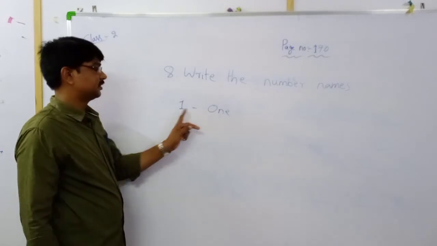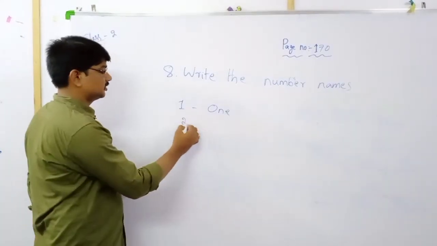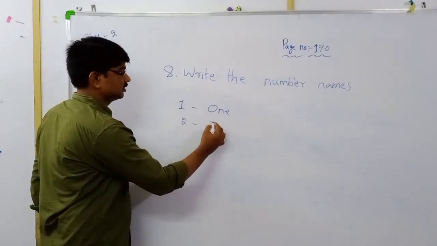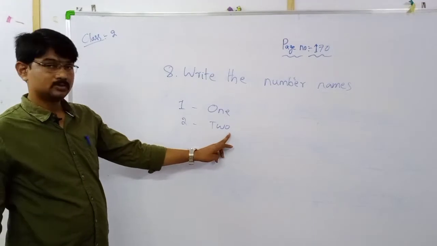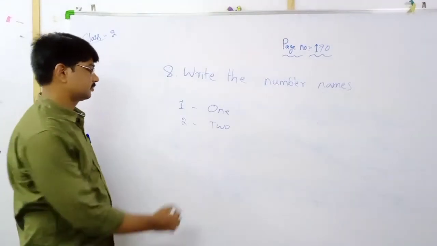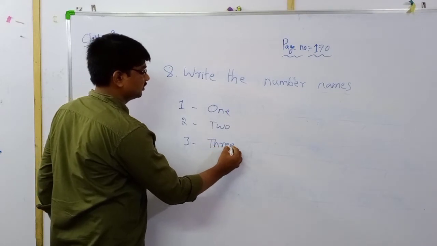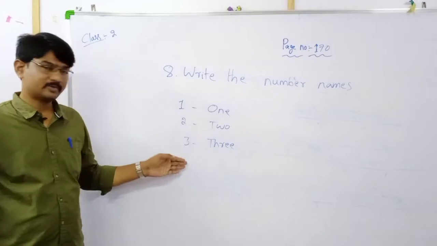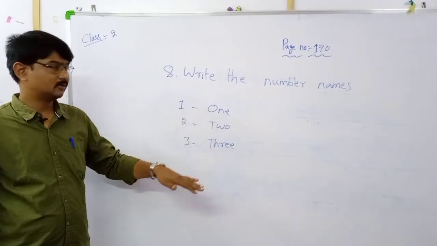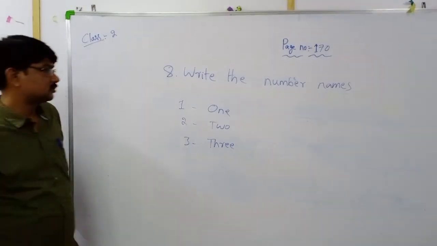This is its name. It is number name. 2 is here. TWO, 2 is its name. Next, 3 is here. THREE. These are called number names. FOUR 4, FIVE 5, etc.